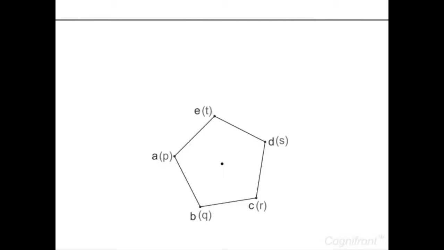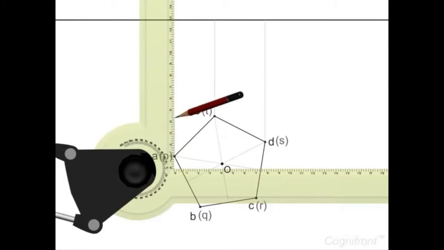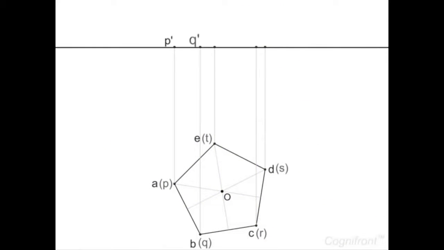Now, the vertices of the pentagon are joined to the midpoints of the opposite sides to obtain the center O of the prism. From the endpoints of the pentagon, generate vertical projectors. Their intersection points with line XY form the base of the prism.